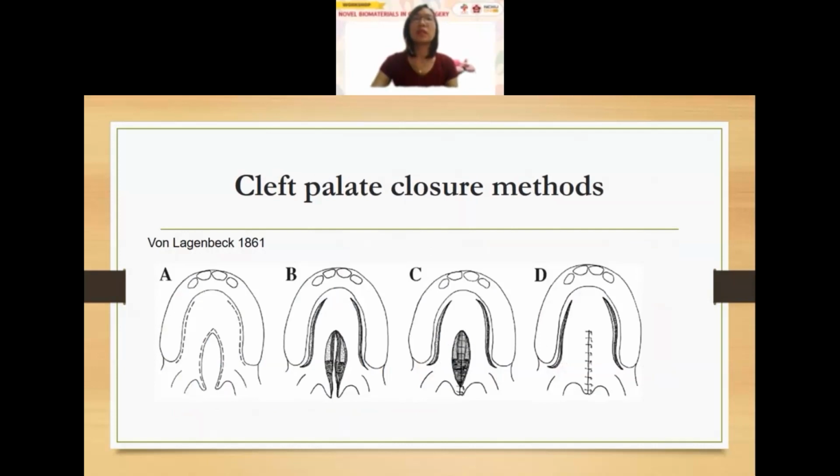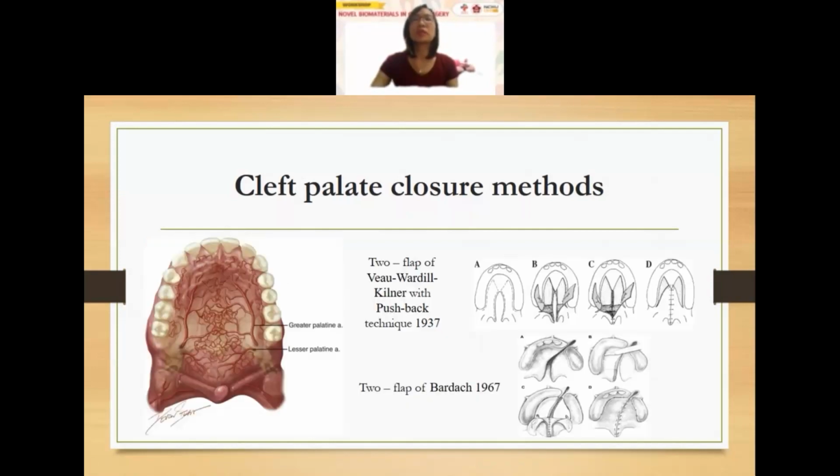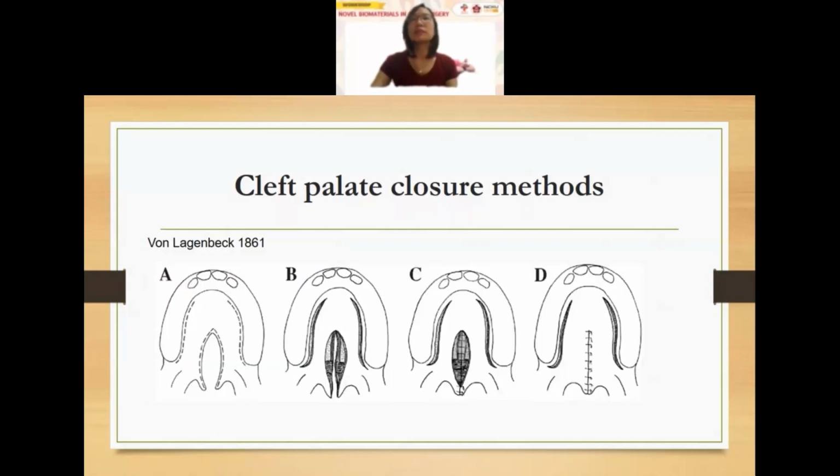There are many methods to perform palatal surgery to close the palate. The von Langenbeck method in 1861: we make two incisions at the lateral side, and we make two flaps with preservation of the artery.